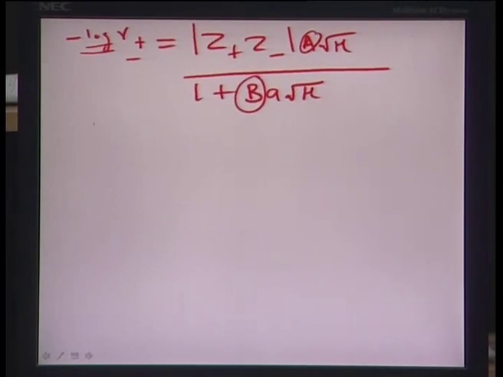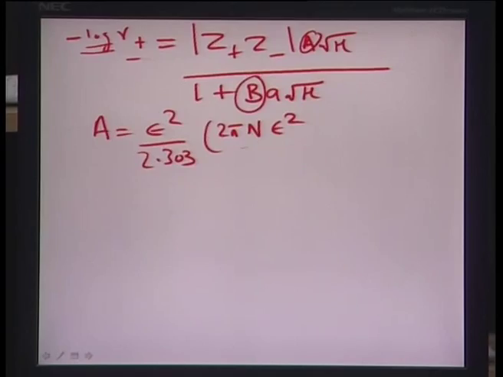So, essentially a here is nothing but e² by 2.303, and I am just simplifying and writing it down, which is convenient, by 2π N ε² by 1000 k³. This is just by simplification that you can represent this particular form with 1 plus b times a root μ, and here zI² times of a times of root of μ. zI² is again modulus of z plus into z minus, right.